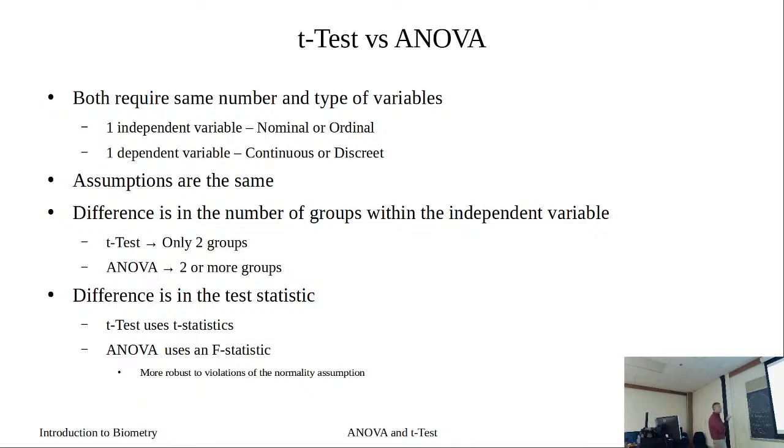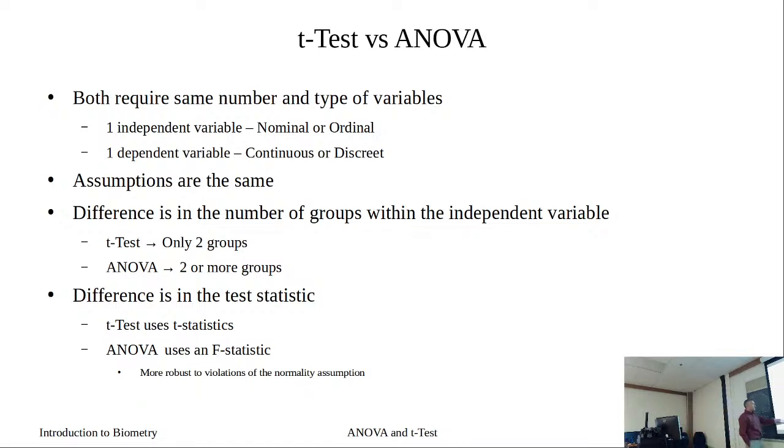The difference between the two is that a t-test can only be run when we have 2 groups. ANOVA can be run if we have 2 or more groups. The difference comes down to the test statistic. A t-test utilizes the t statistic, t observed is our test statistic. ANOVA uses the f statistic from an f distribution.